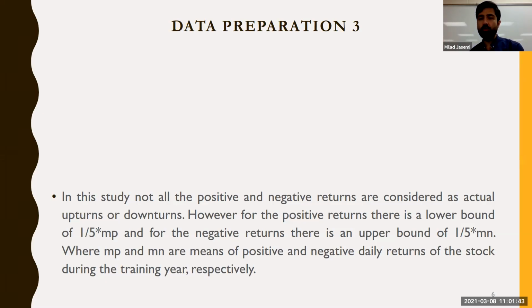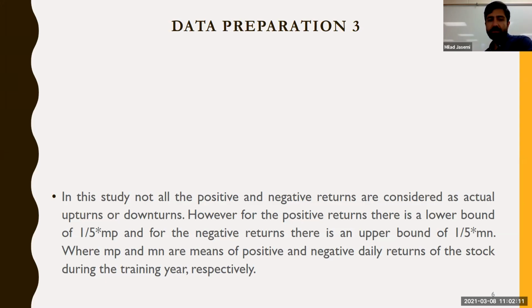But here we started working on that. We created the input data, somewhat normalized, but it still needs some more work. And finally, we got to the output layer. But here, in data preparation 3, you see some more explanation.